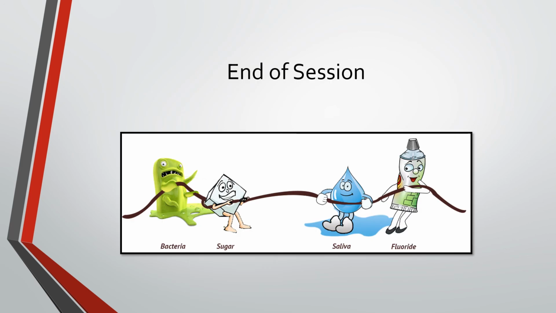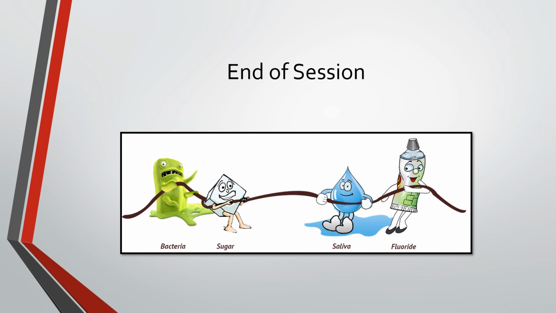To end my session, we have this picture here which very neatly shows a tug of war that is happening, with the bacteria and sugar on one side and saliva and fluoride on the other side. Whichever side is more, the remineralization-demineralization cycle shifts to that side.